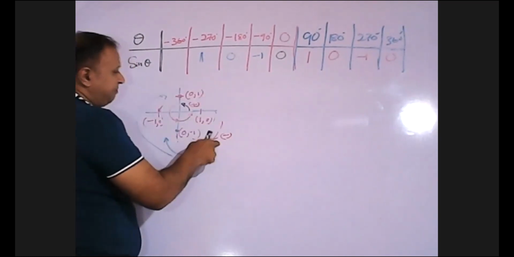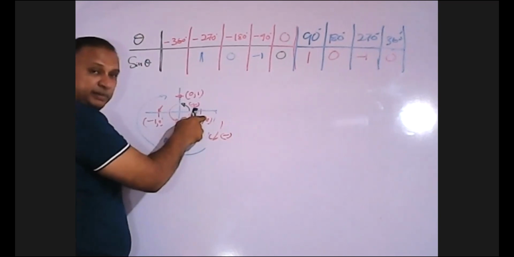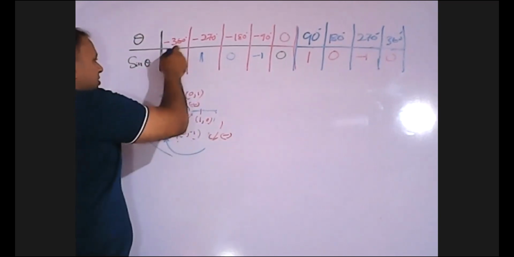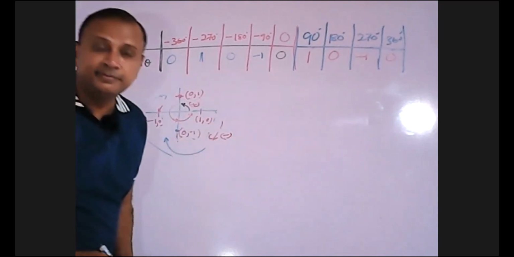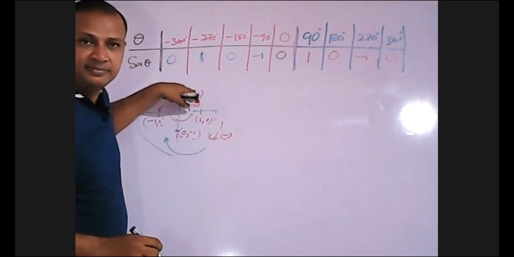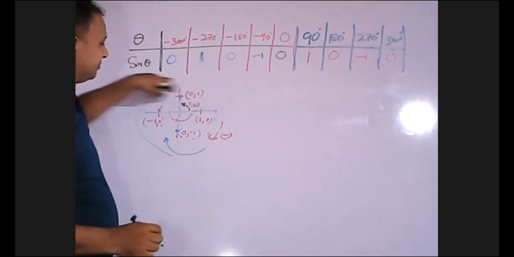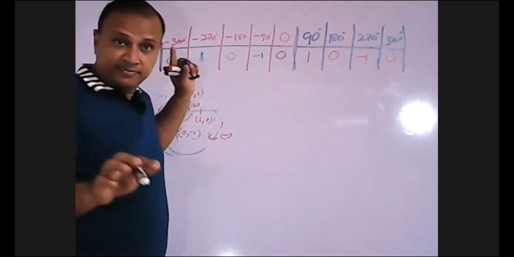Again, minus 360 belongs to the initial point, so it is 0. Did you get this one? Yes, sir.